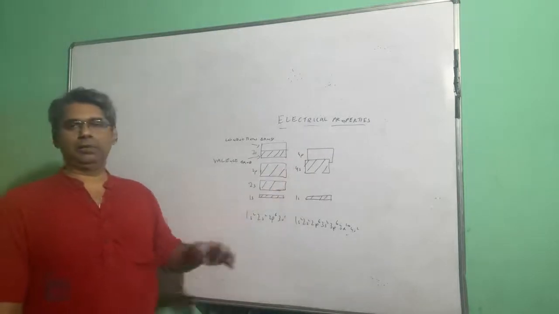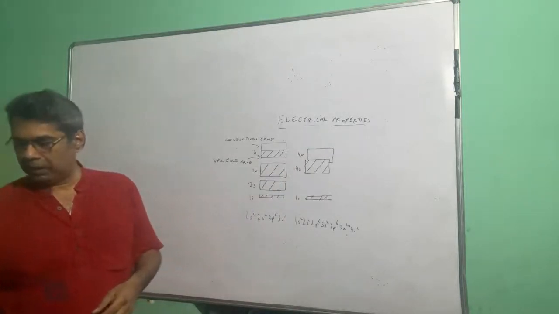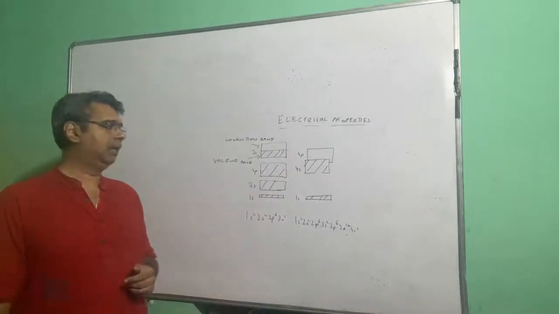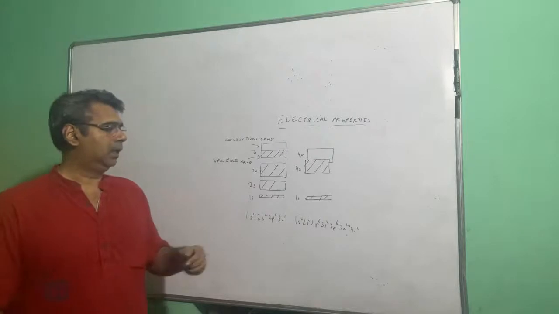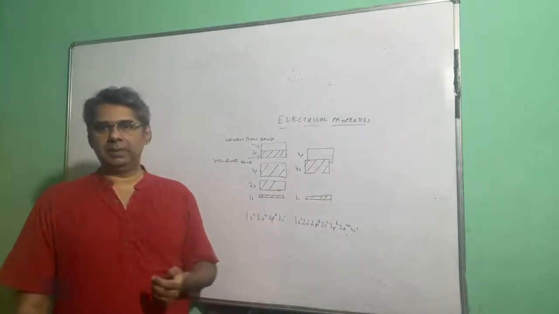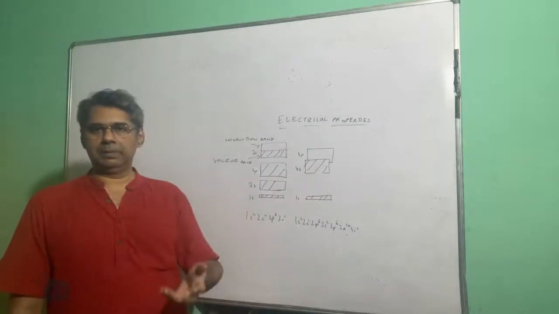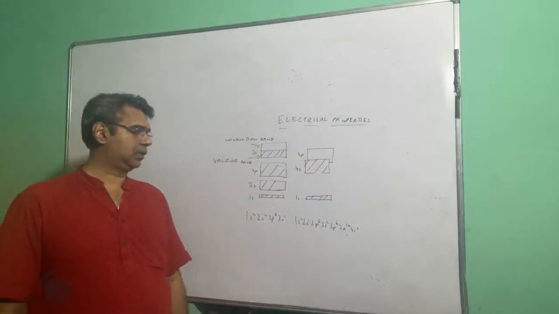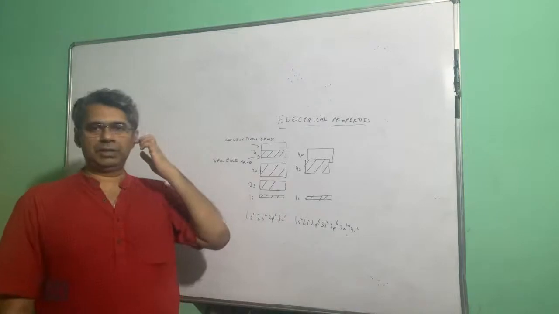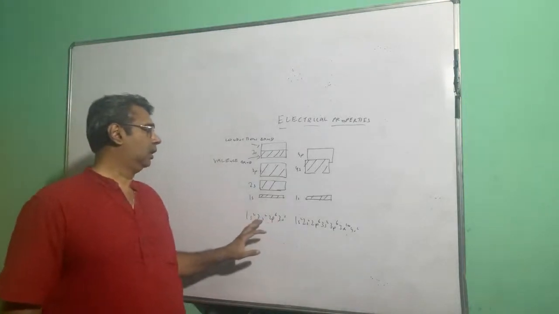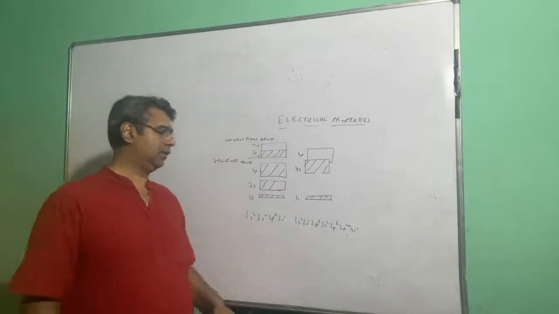But the 4s and 4p bands have an overlap, so a 4s electron will easily be able to go to 4p, and once again it becomes available for conduction. So this one is for sodium and this is for zinc.